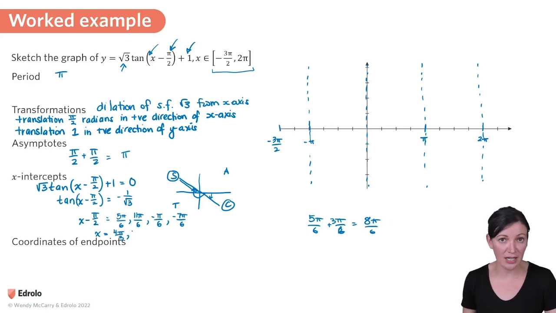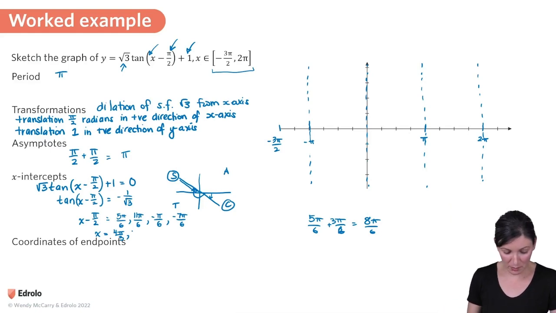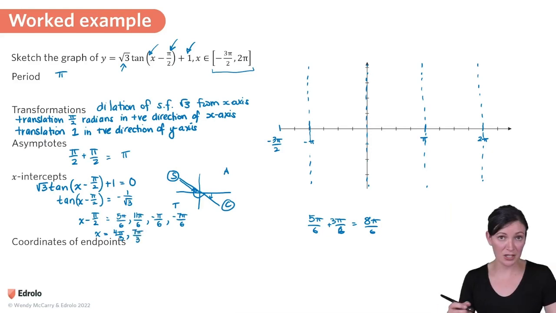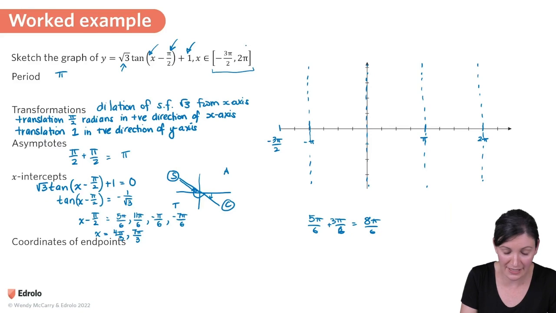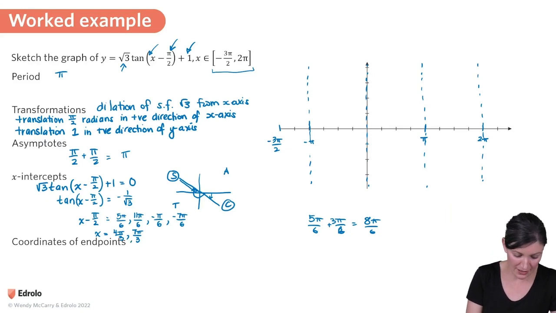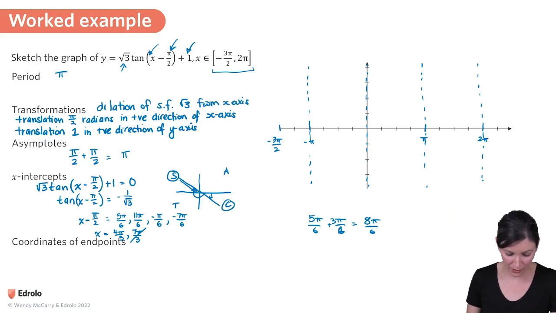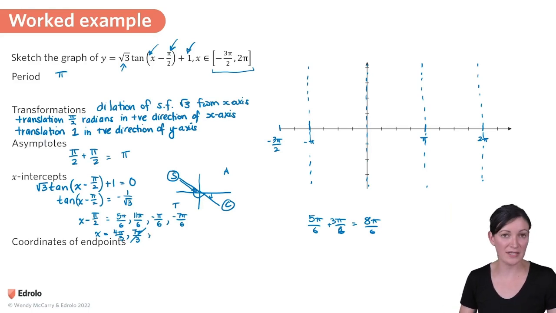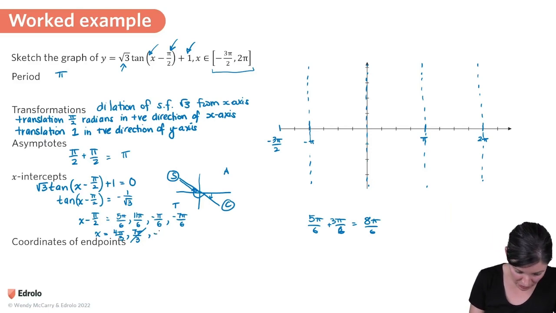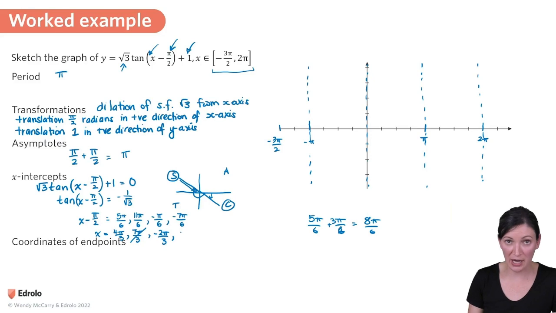The next one, 11 pi on 6 plus pi on 2, would be 14 pi on 6 or 7 pi on 3. And 7 pi on 3 is actually more than 2 pi, so that's not going to be one that we plot for this graph. My next two angles, if I add pi on 2 to each of those, give me negative 2 pi on 3 and pi on 3.